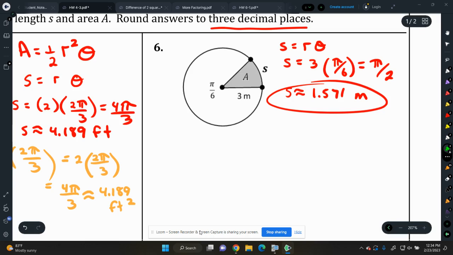This problem, by the way, the way they marked it is very confusing or very deceiving because the pi over 6 over here almost looks like it's referring to this angle. You have to know something about your circle and your radians to know that that can't be the case, because a full circle is 2 pi, or 12 pi over 6. So there's no way. And then think about it this way, pi over 6 is actually 30 degrees.